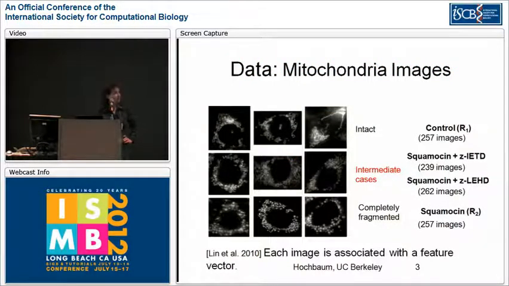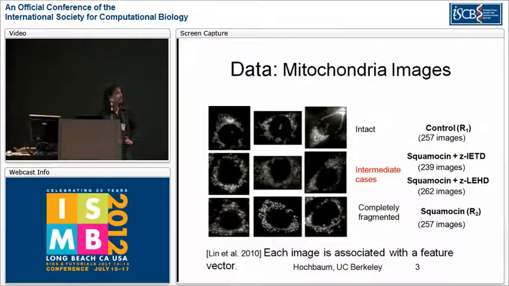So this particular project is an application that looks at the status of the mitochondria in cells. Healthy mitochondria would be intact, and this is the upper row. In the bottom row, these are cells that have been treated with squamotrin, which causes the mitochondria to be fragmented.